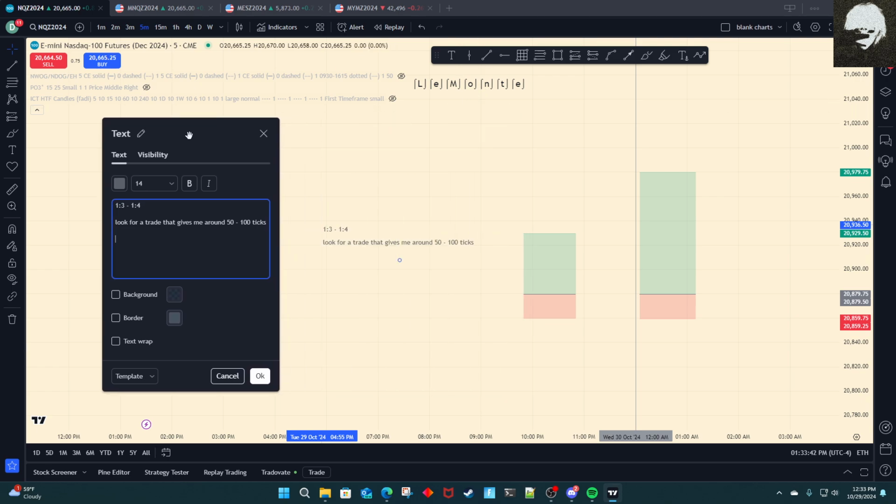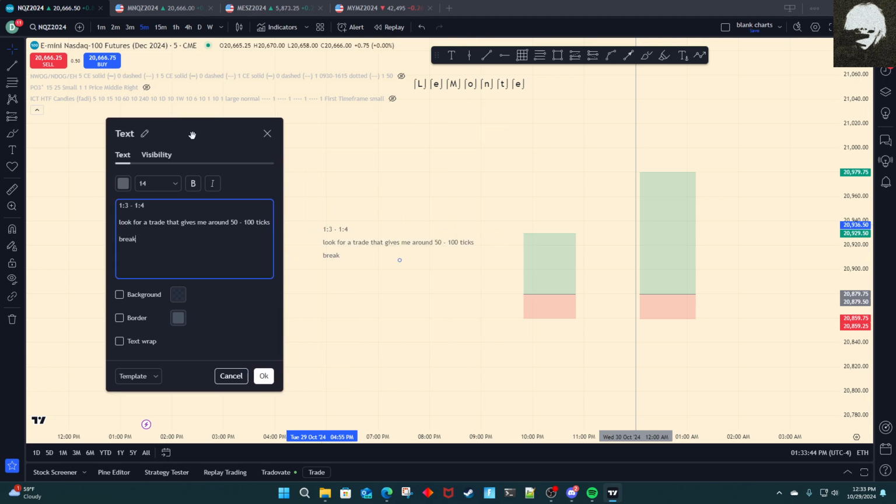And then my main model is breaker plus fair value gap plus higher time frame confluences.